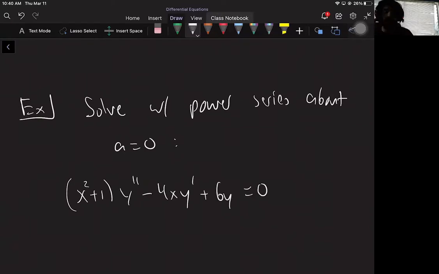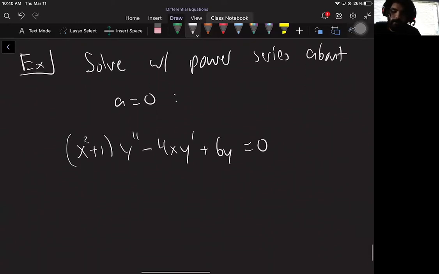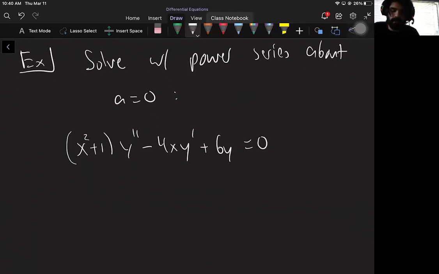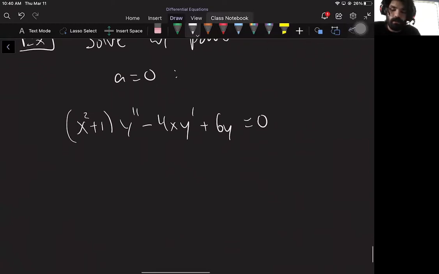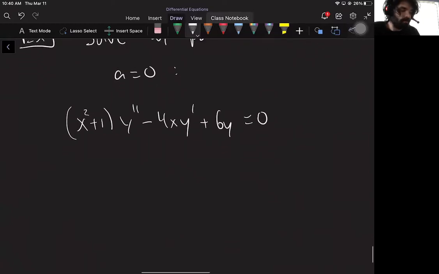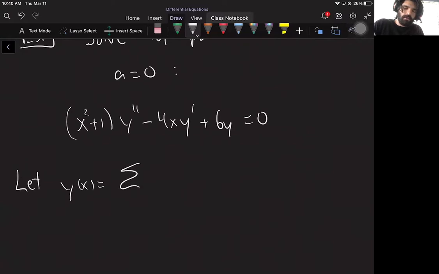So this one is not in the standard form, and there are some issues, but we're going to skip over all the issues and just do the steps. You can divide by x squared plus 1 and write it the other way, but it's easier to work with if we don't. So we're going to leave it like this and just do the same process for some practice. So we're going to assume that there's a power series solution, and then determine the coefficients.